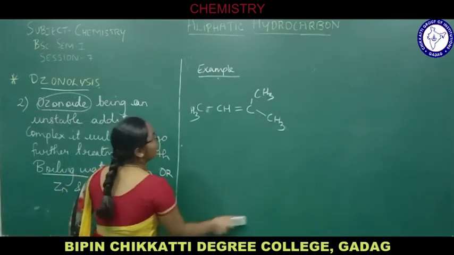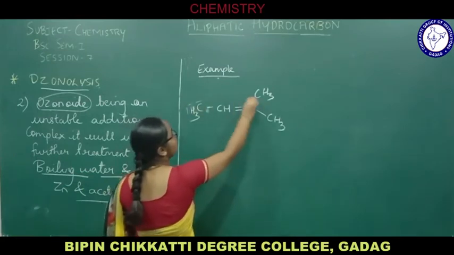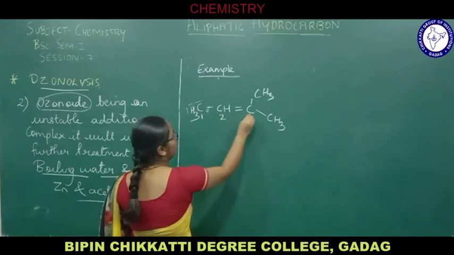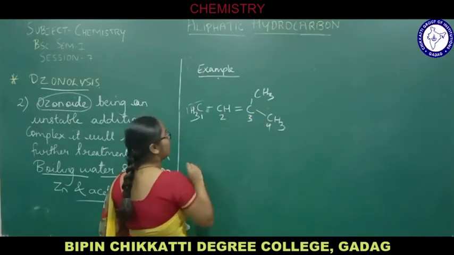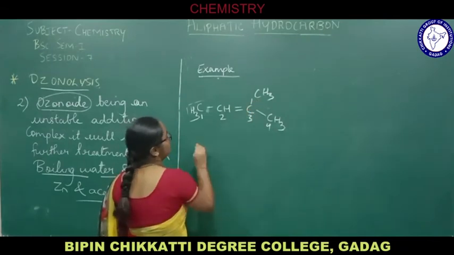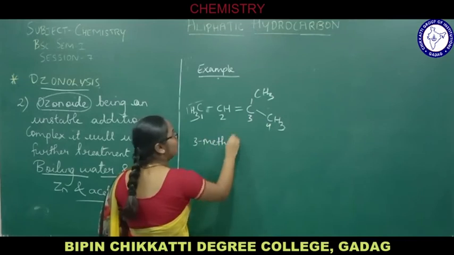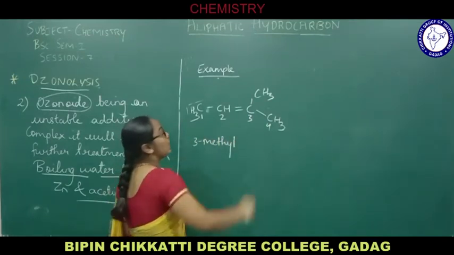For the name, you just have to select the longest carbon chain. Now this is the longest carbon chain, so the numbering will be 1, 2, 3, 4. At the third position a methyl group is there, so this will be 3-methyl. After that, the 4-carbon chain is there.